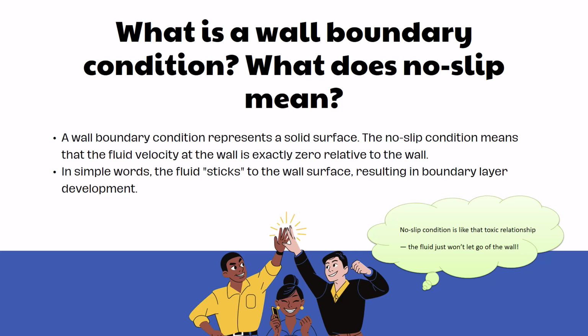So to simply explain this, the fluid sticks to the wall, which results in boundary layer development. We have already seen what is boundary layer, how to resolve that boundary layer and everything. So this is related to the no slip condition of the wall.